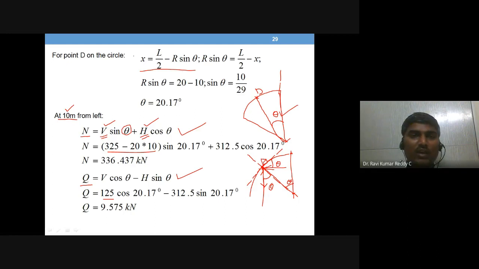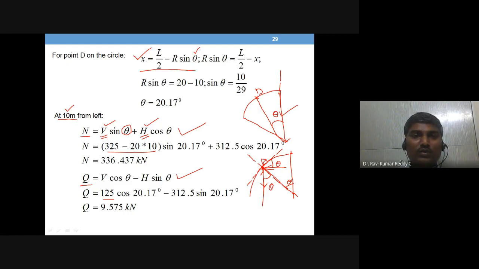So one of the expressions I am taking now is x is equal to L by 2 minus r sine theta. So this is already there. If you have listened to my previous sessions, you know what x is in a circular arch and how to write this expression.